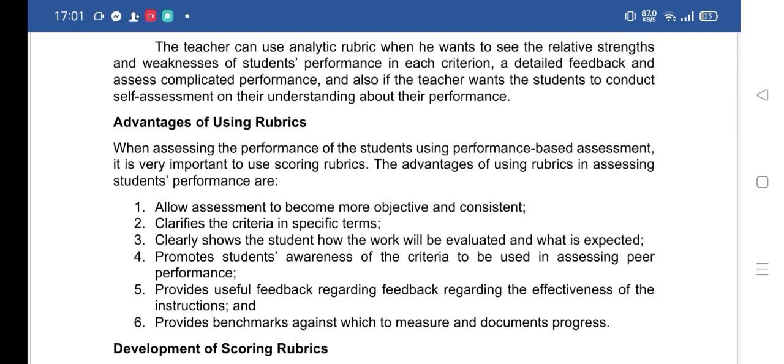So the difference between holistic and analytic is that a holistic rubric looks at the product or behavior in a global manner, while an analytic rubric looks closely at the components of each product or behavior and assesses each one differently. In other words, holistic assessment means making an overall assessment.